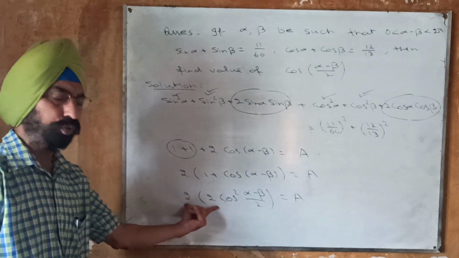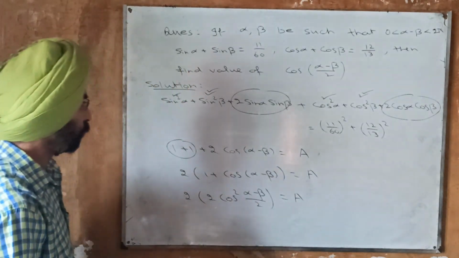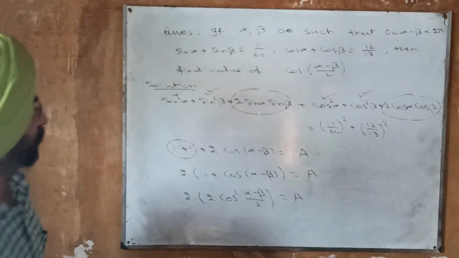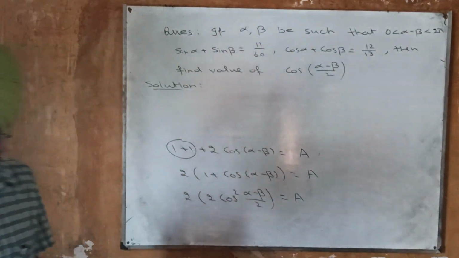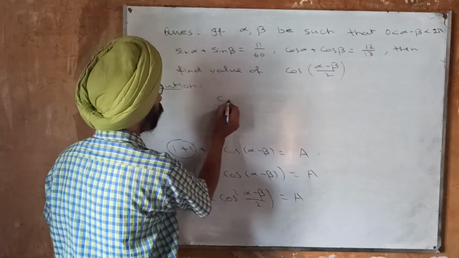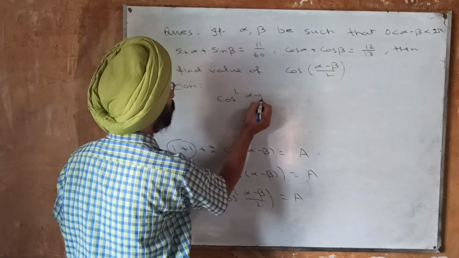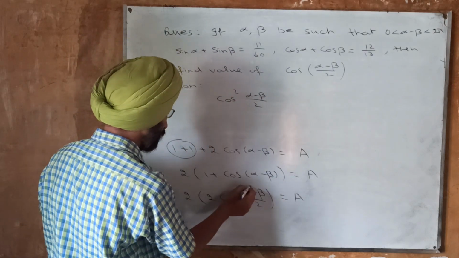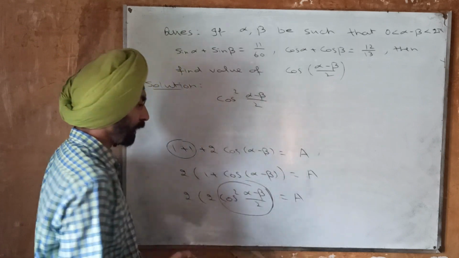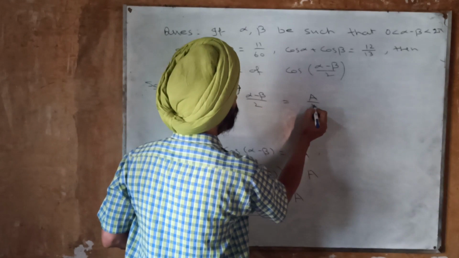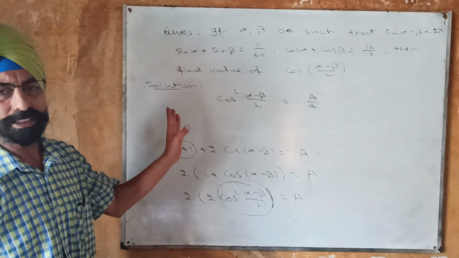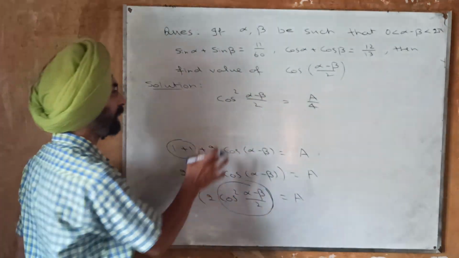Take this 2 to the other side, 2 into 2, 4. On the other side, you will get the value of cos square (alpha minus beta) by 2. This term is going to be equal to A divided by 4. And now just take the positive square root on both sides.